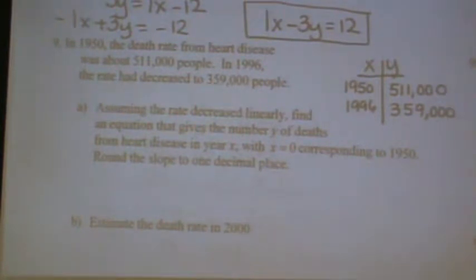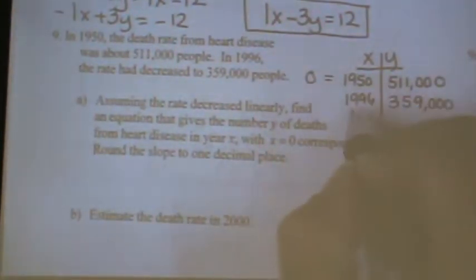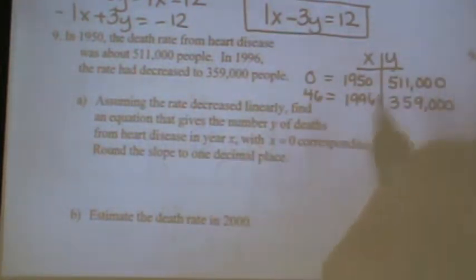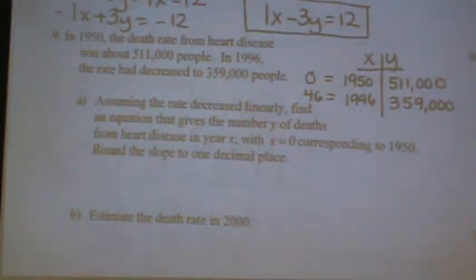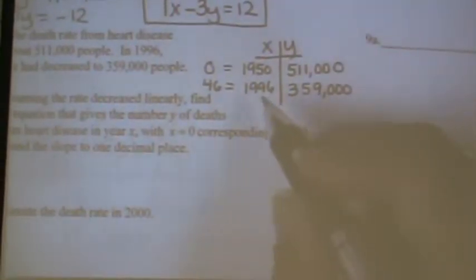So these are our 2 facts. But if you read the problem, they don't want you to use 1950 for x. They want you to use a 0 for x for 1950. So then this would be a 46. Now you could use those to find the slope. You could. It works out the same. So you want to write an equation, this is a linear relationship.